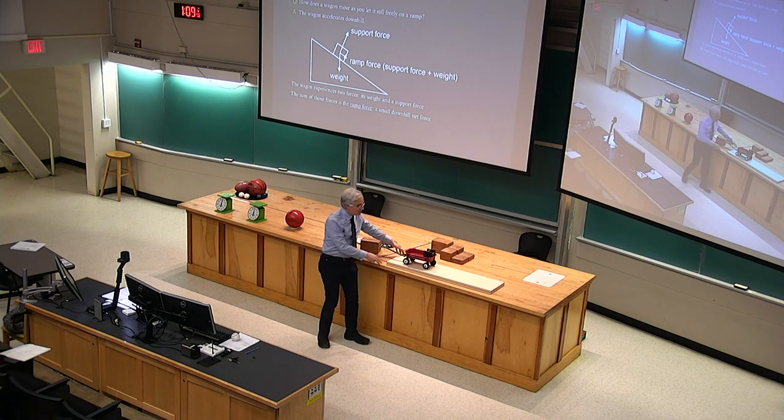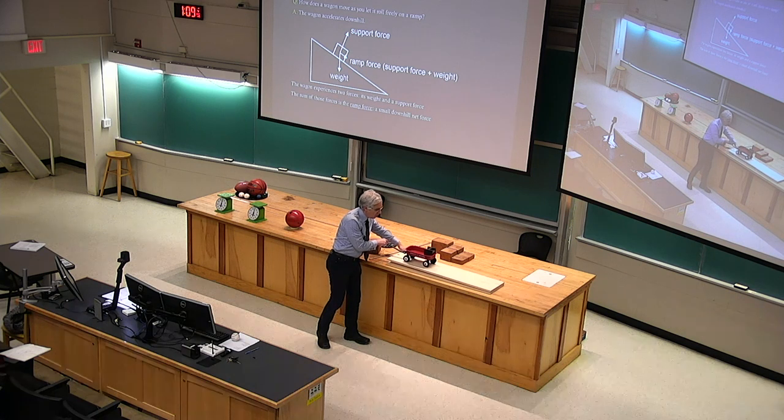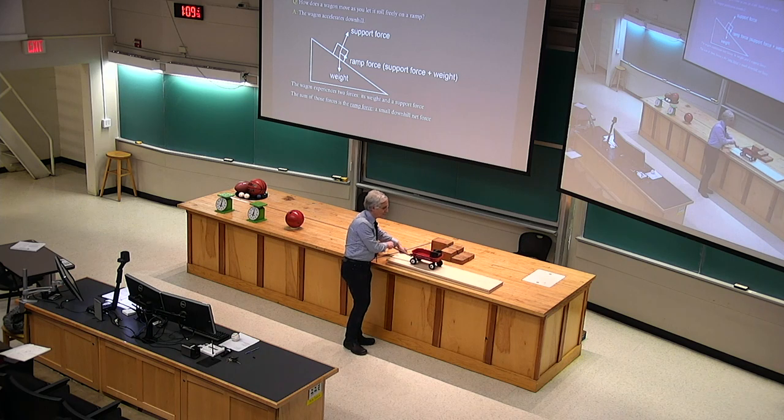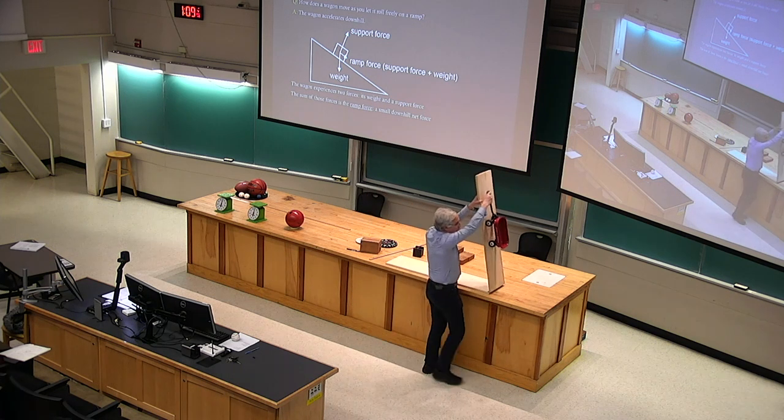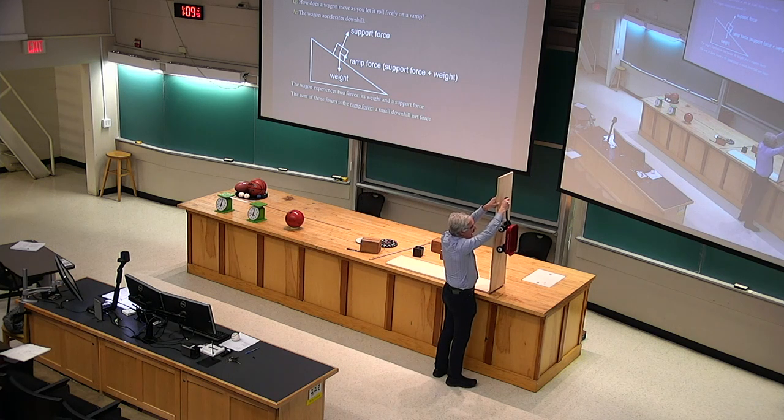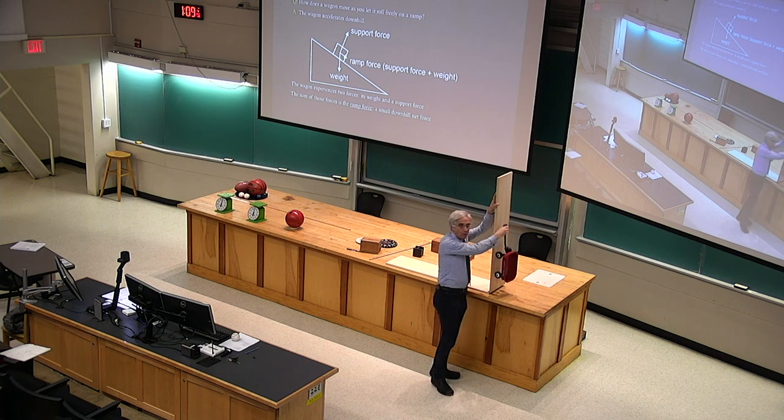So ramp force starts at zero when the ramp is not tilted, and as you tilt it, the ramp force gets stronger and stronger. And I'm not going to do this with a weight in there. I'll take the kid out, okay? It's stronger, stronger, stronger. Whoa, all the way up here. Now the ramp force is the full weight of the wagon, and the wagon accelerates at the full acceleration due to gravity.